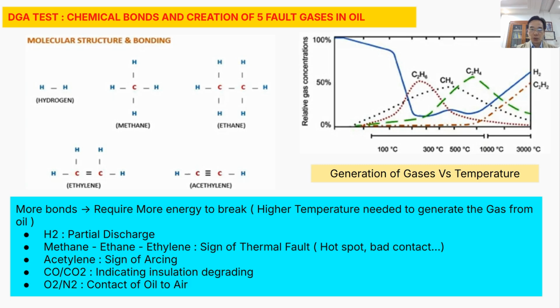Typically, if you do the DGA, the content of acetylene should be less than 1 ppm. So if you see acetylene increasing, that means some high temperature fault has happened in the transformer. Most of the time it is arcing.